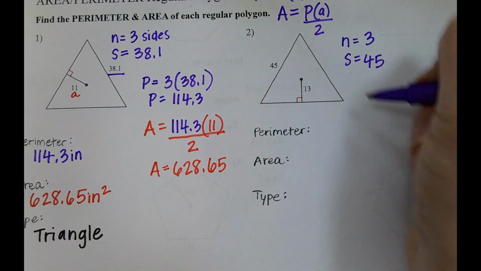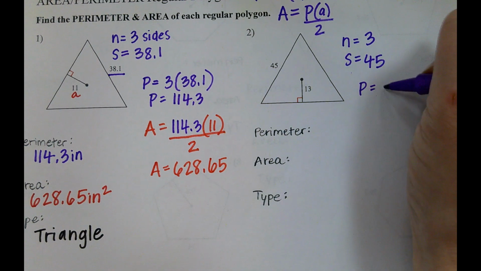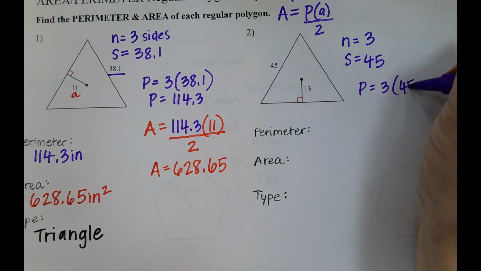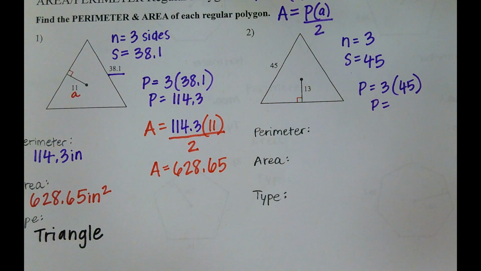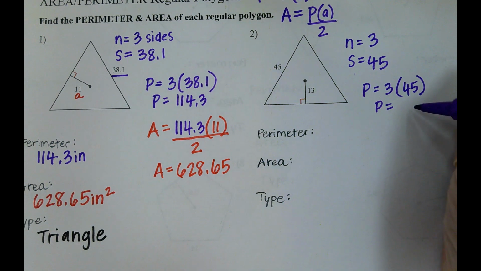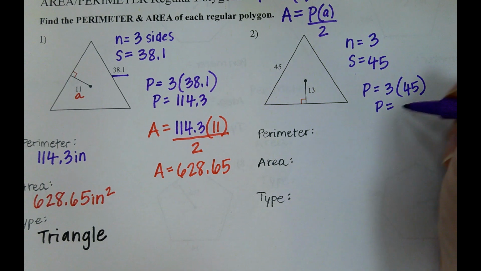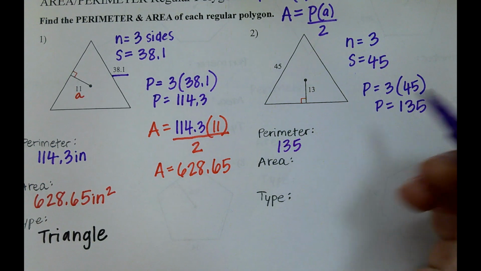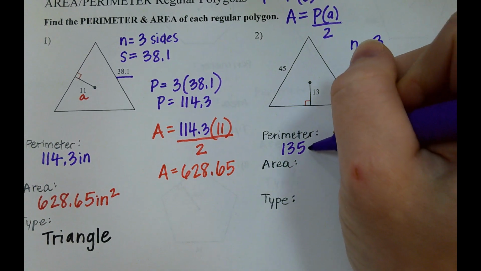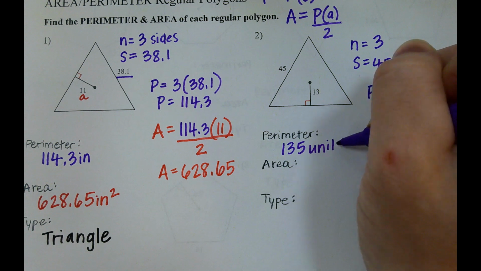P equals 3 times 45. 135. So for perimeter, we'll write 135. If you don't want to assume inches, you could write units. I'll put units this time.